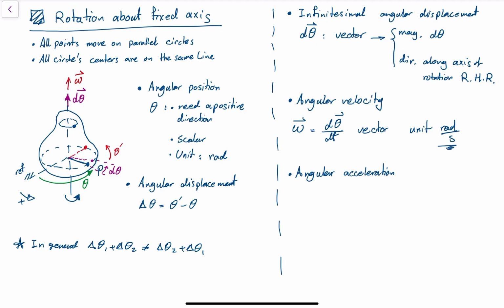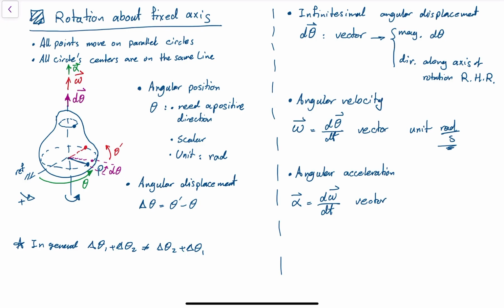And for angular acceleration, we usually use the term alpha. It is a vector. It is the time derivative of angular velocity. It is also a vector in the same way we define all the other ones, along the axis, consistent with the right-hand rule.